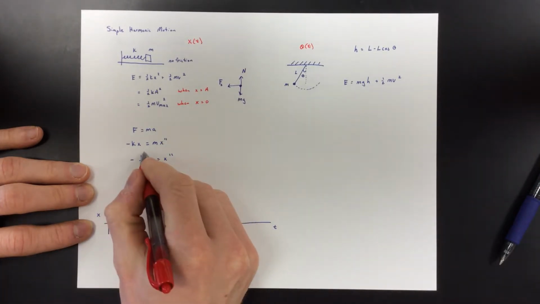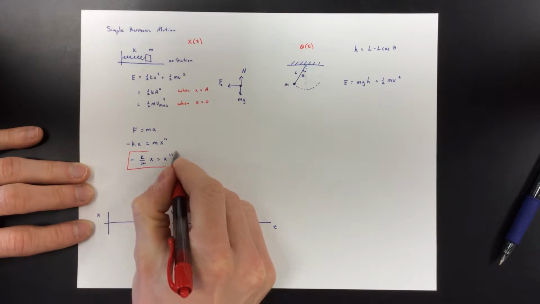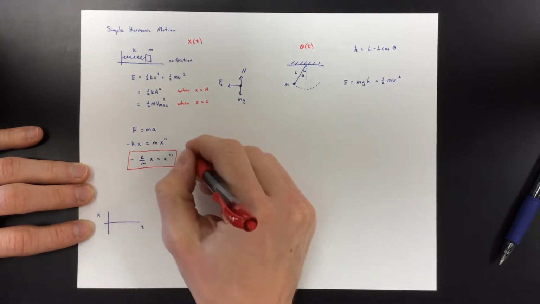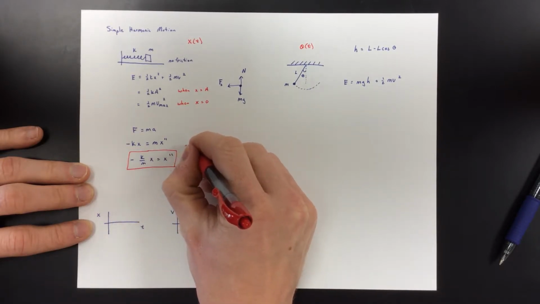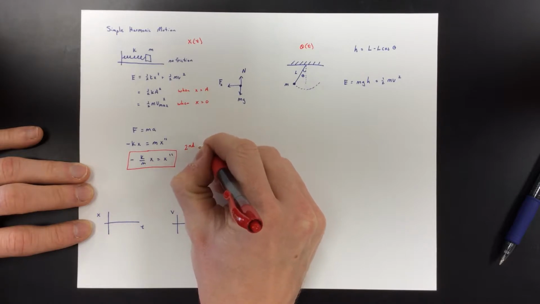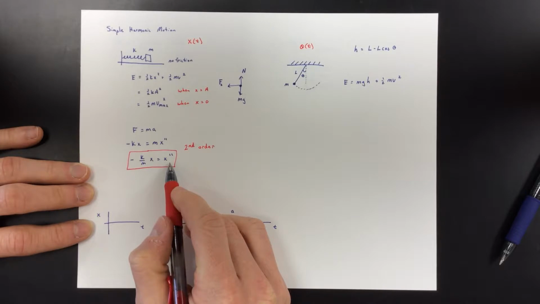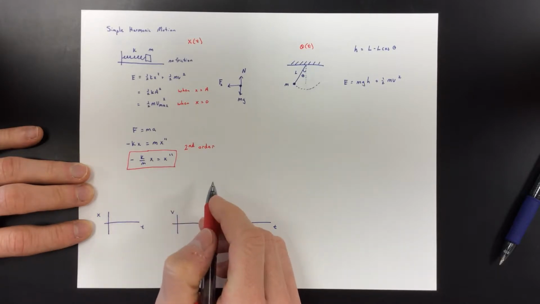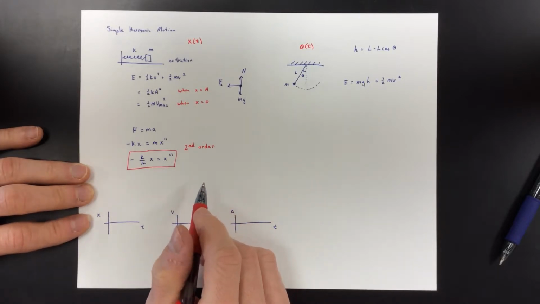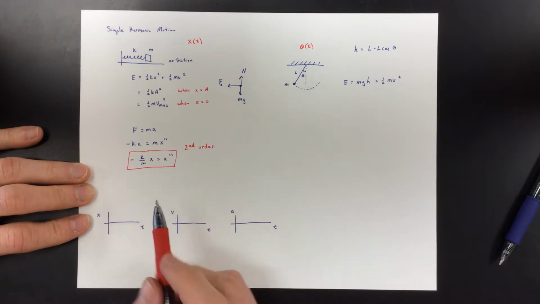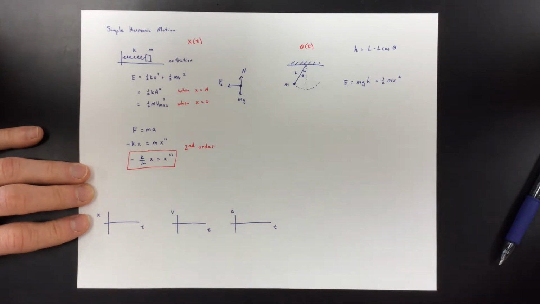Now, this particular differential equation that I've boxed is second order, because it's an equation that relates the function to its second derivative, and it's a non-separable differential equation, which means we can't use the calculus techniques that we typically learn in a Calc 1 or Calc 2 class.